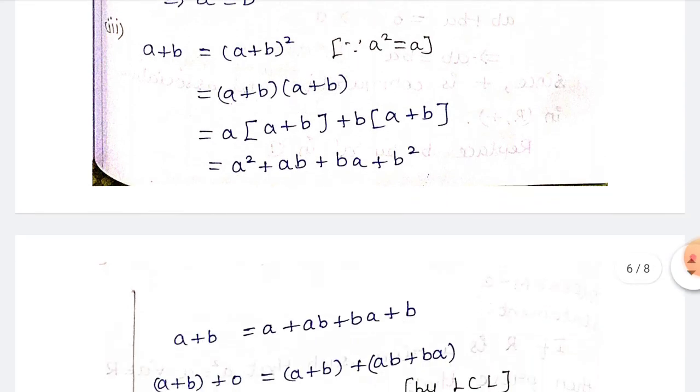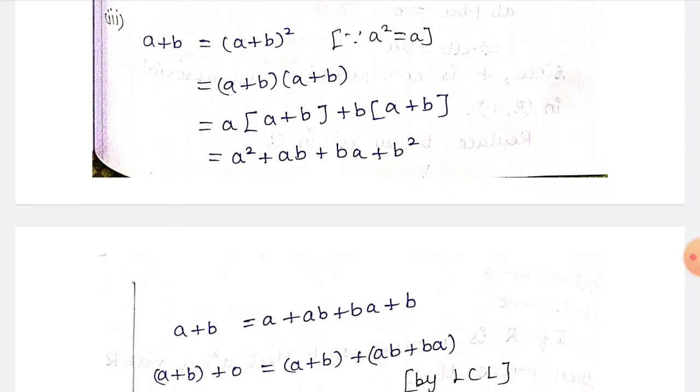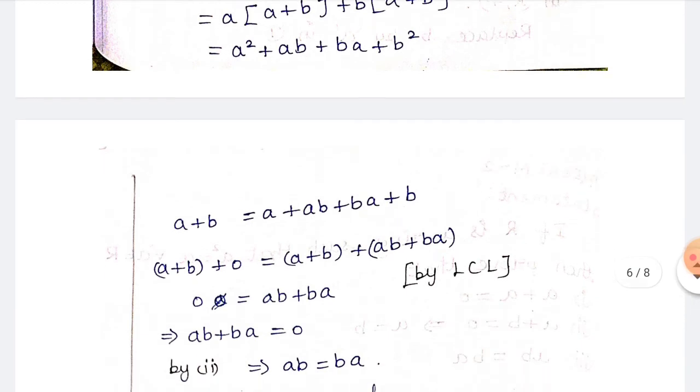For the third subdivision, a plus b can be written as a plus b the whole square. So a plus b the whole square means a plus b into a plus b. So a into a plus b plus b into a plus b. So the next step is a square plus ab plus ba plus b square. So in the next step, instead of a square you have to put a, instead of b square you have to put b. So we have a plus ab plus ba plus b.